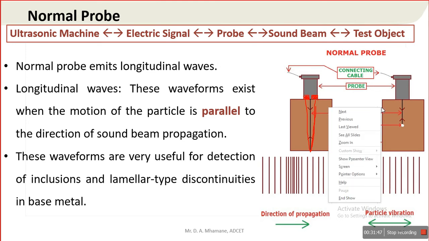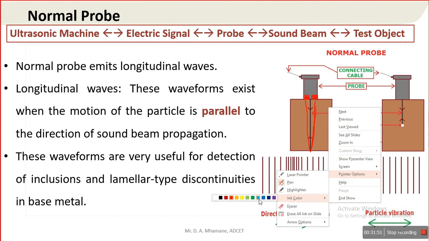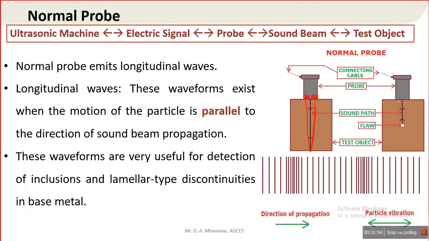Similarly, if a flaw is there in between the path of sound, then it reflects from the flaw which is present inside. The first element is responsible for transmitting the sound and the other element is useful to receive the sound wave.